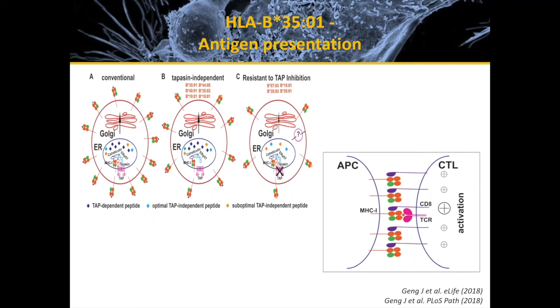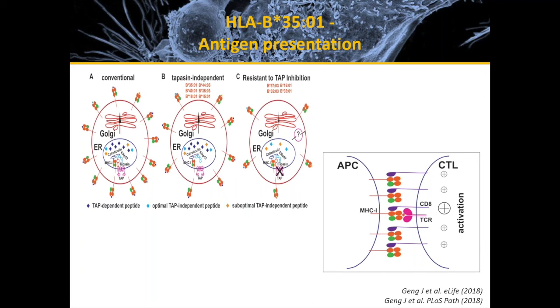The latter property might be of particular importance, as many cancer types evade immune surveillance through downregulation of proteins involved in MHC class I presentation, as we already saw. These effects might be even more pronounced for some HLA alleles, including B3501, with intrinsically lower cell surface expression.